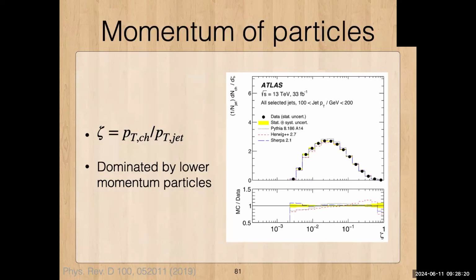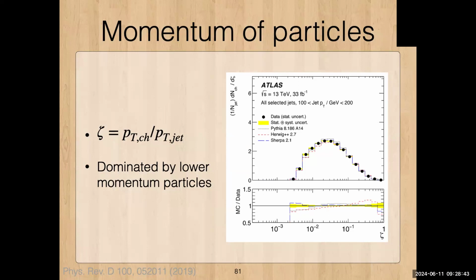Okay, and what about the momentum of the particles inside the jet? For this, we can look at this data, which is the pT of the particle divided by the pT of the jet. So what percentage of jet energy is carried by the particle? And we measure this distribution. Okay, and this is what we see.